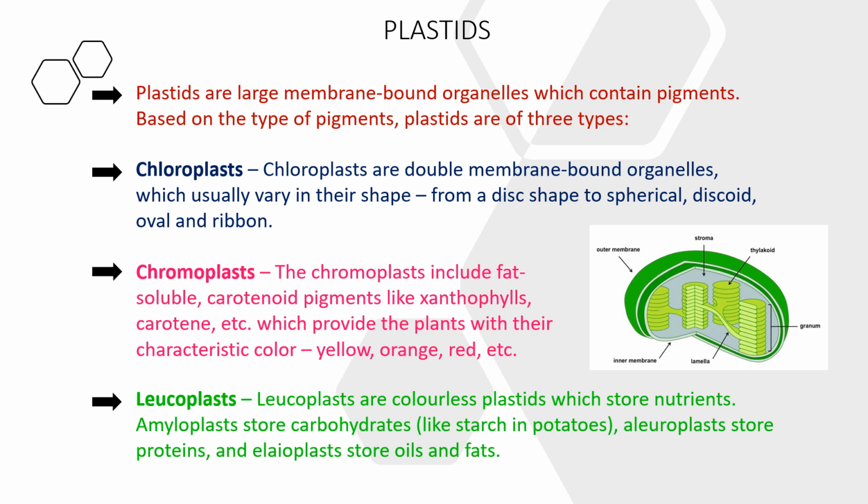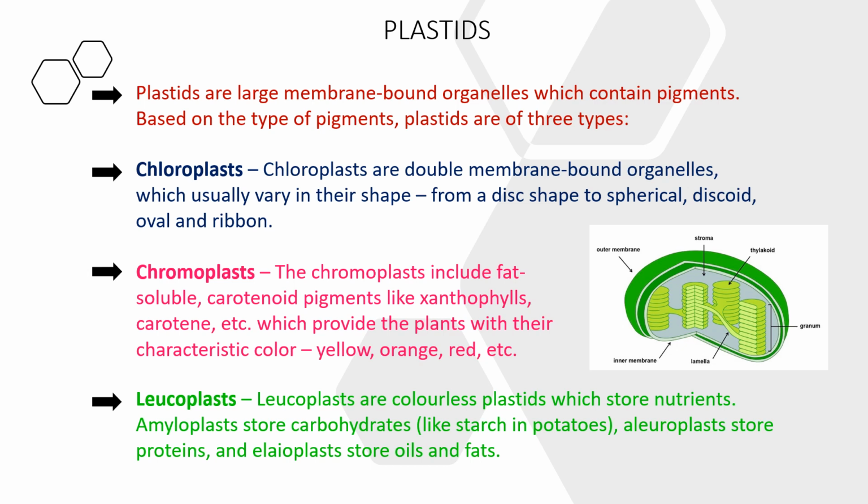First let us start from the inner membrane. The inner membrane encloses a space called the stroma. We can see the inner membrane, and inside it we have an enclosed space called the stroma.